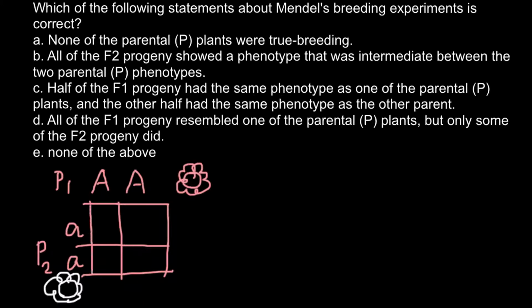unexpected results by that time, because there was a theory that all the progeny of such a cross should be some kind of blending between these two characteristics. The result of such a cross would be the F1 generation, and this is the F1 generation.